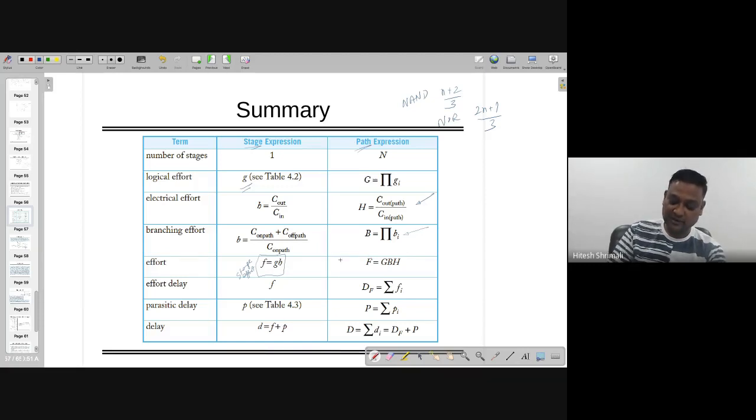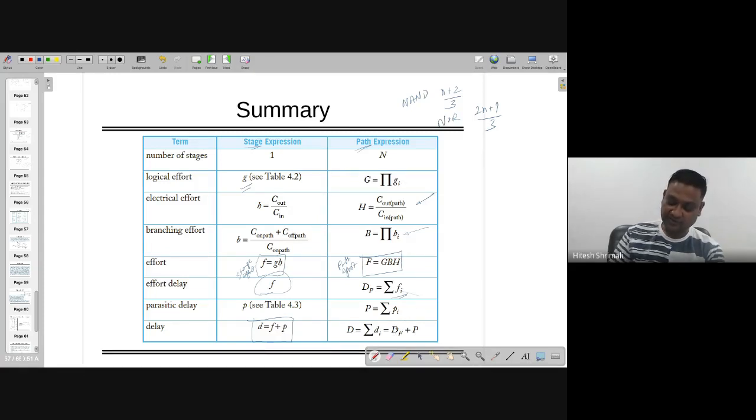With the path, it's a path effort, with the capital F, I'm going to call it G times B times H because it's going to add the branch also, right? And effort delay DF is equal to the summation of all such fi. Parasitic delay is also the addition of all such pi, and at the end delay is DF plus P.